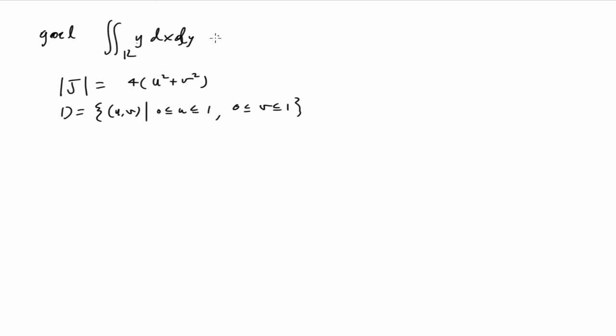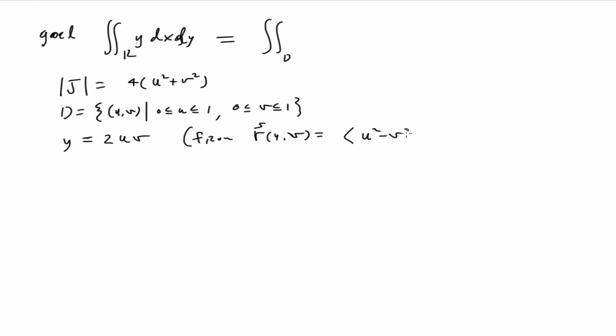And we know my set D then is equal to u comma v, like so. And so we can put this all together that this is going to be over D. And now y, what is y? Y is equal to what now? We said it was 2uv. That was from our map. From R of u comma v equal to u squared minus v squared, comma 2uv.